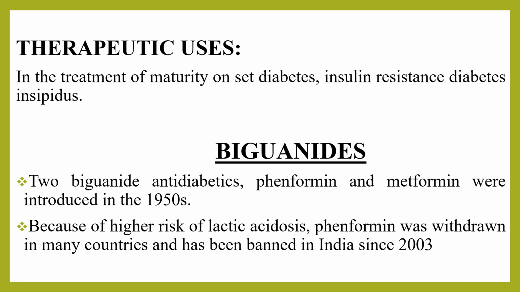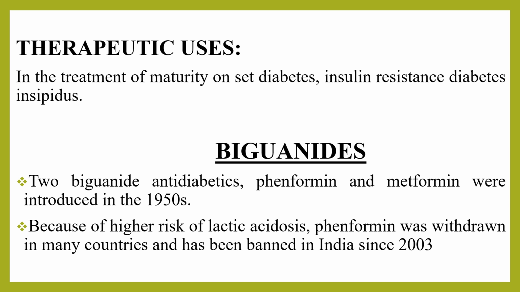Therapeutic uses: it is mainly used for type 2 diabetes mellitus, that is maturity onset diabetes mellitus, and it is also used in resistant diabetes insipidus. Then biguanides.